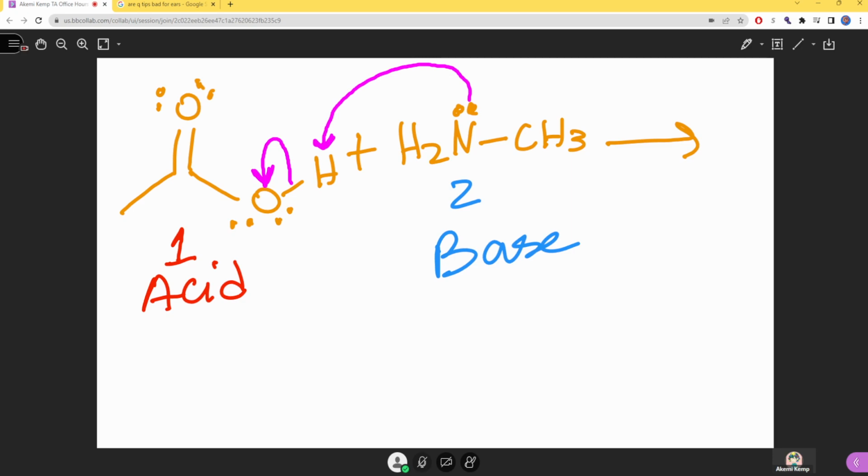So your 2 products that you form in the end, in your carboxylic acid, this oxygen down here that donated would have a negative charge because of the electrons that were pushed onto it. And then what happens with your base? What would the product look like?